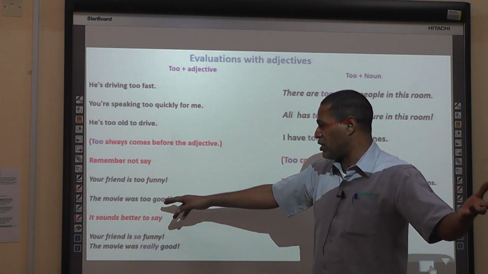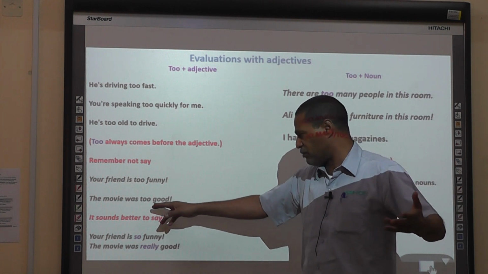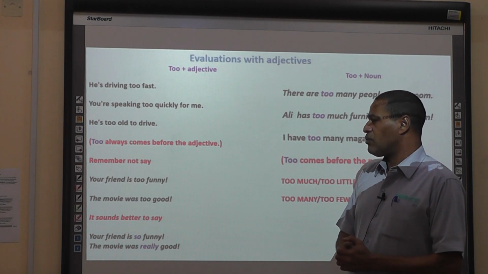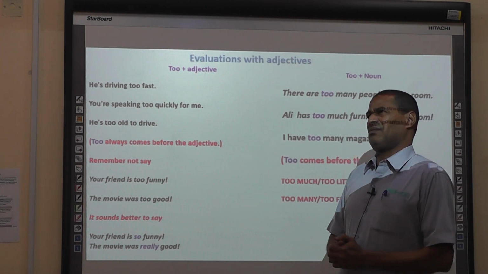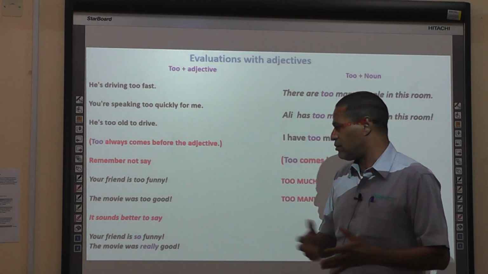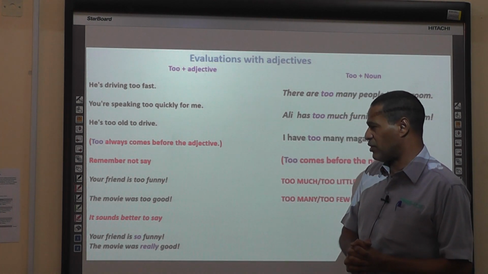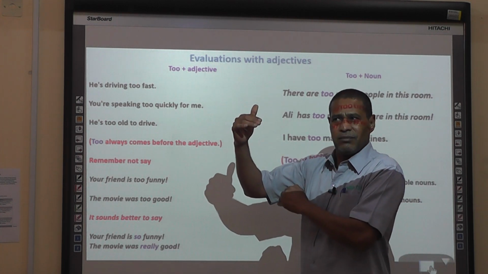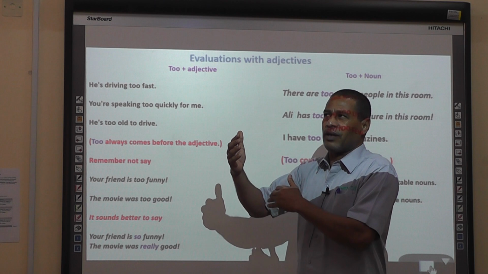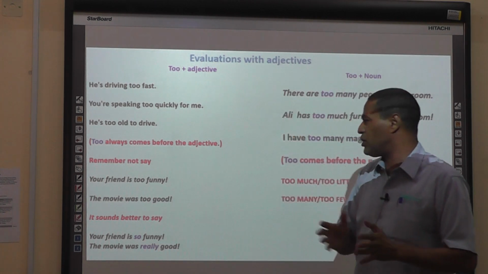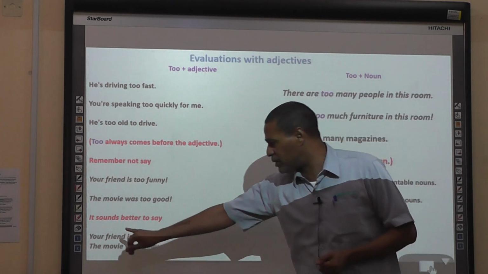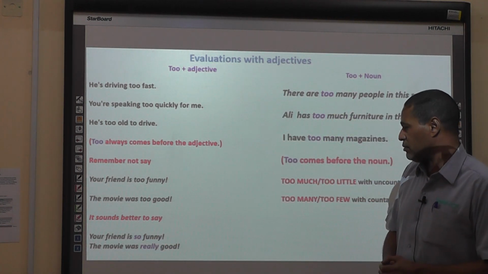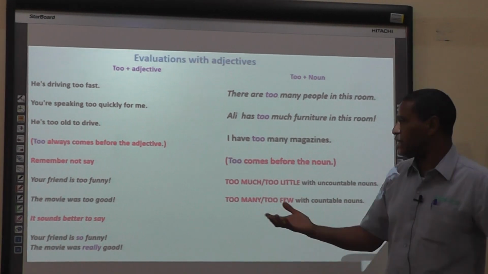Imagine you watched a movie with your friends, and after the movie you said, "The movie was too good." It will be strange for them. "Too good" means more than good. What is more than good? So it is not used in this sense by native speakers. It is better to say "the movie was really good," or "really interesting," and so on.